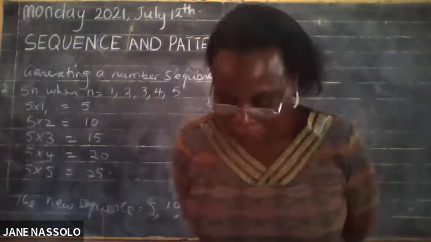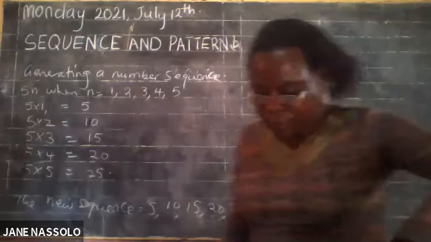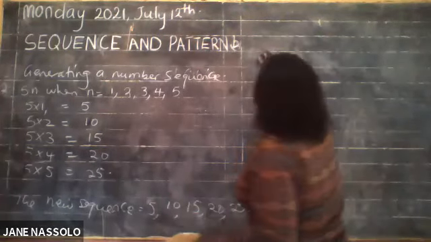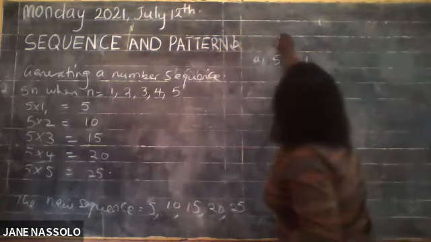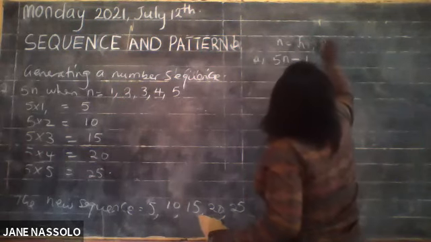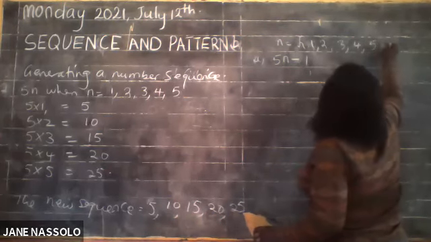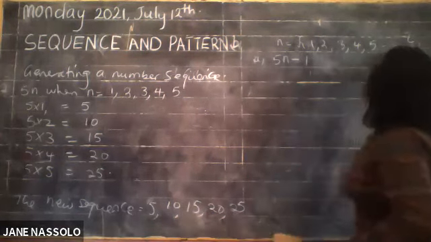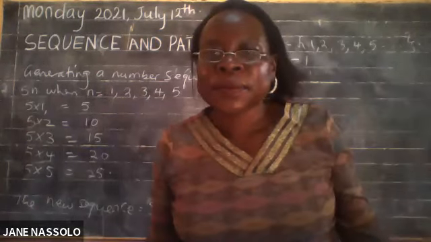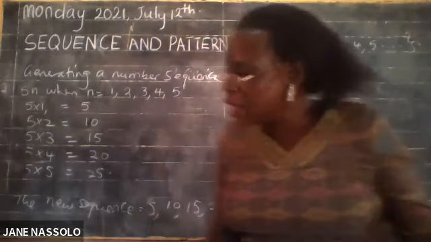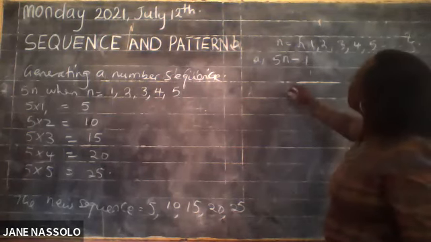Example: what sequence do you generate by using the following formula? 5n minus 1. Remember, our n is 1, 2, 3, 4, 5, and so on. And what do we call these numbers? Counting numbers, or natural numbers. Now, the formula is 5n minus 1.